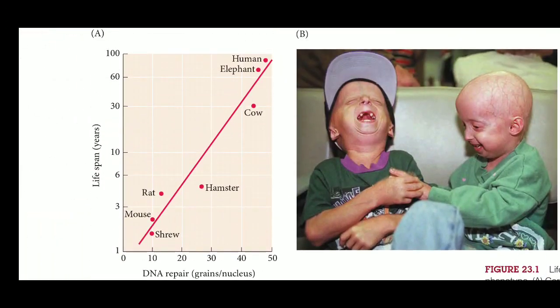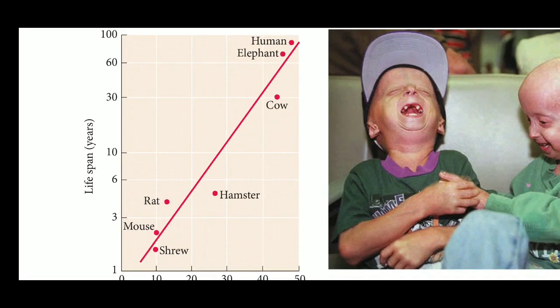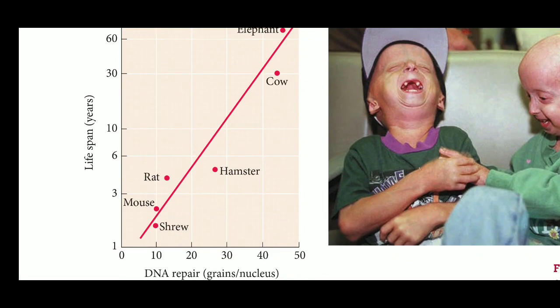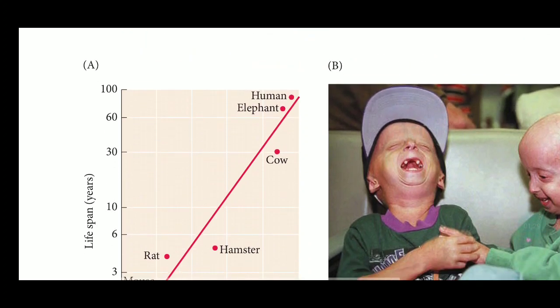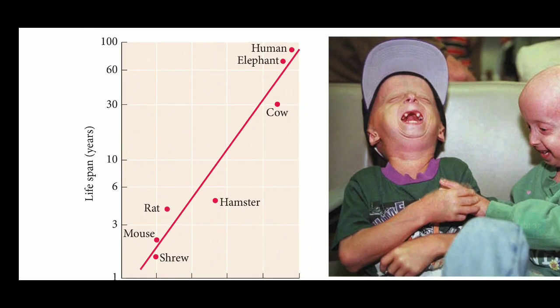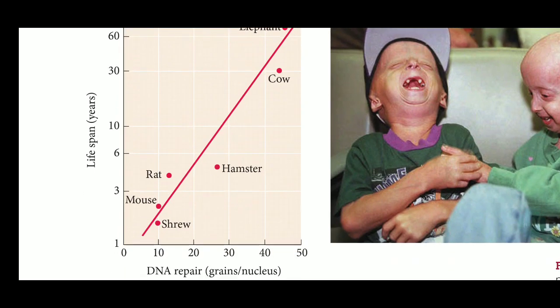In this graph, you can see the DNA repair enzyme, their amount and efficiency is very important, because in this case you can see the lifespan of elephant and human is much higher than that of mouse and rat.